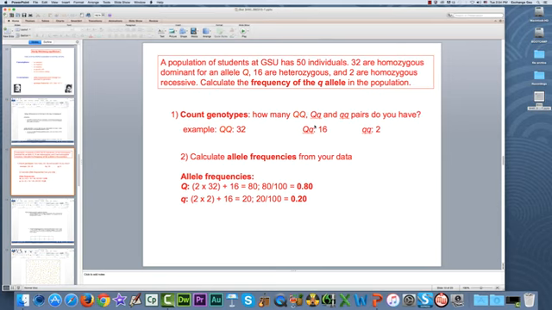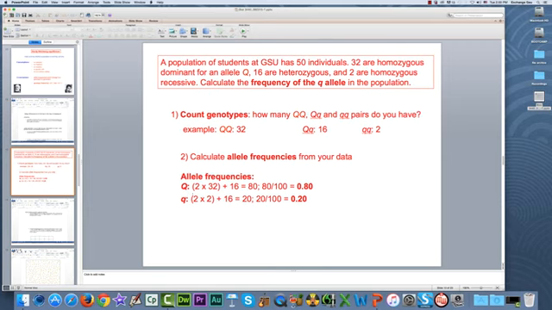So in this case, big Q big Q, big Q little q, little q little q. In our example, we have 32 homozygous dominant individuals, 16 heterozygous individuals, and 2 homozygous recessive individuals. The next step is to calculate the allele frequencies from the data.